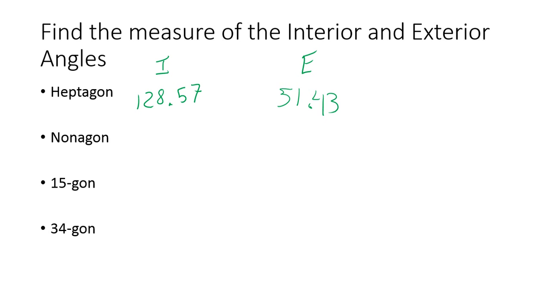For your nonagon, remember, is 9 sides, not 7. You would go 7 times 180 divided by 9, which gets you 140.